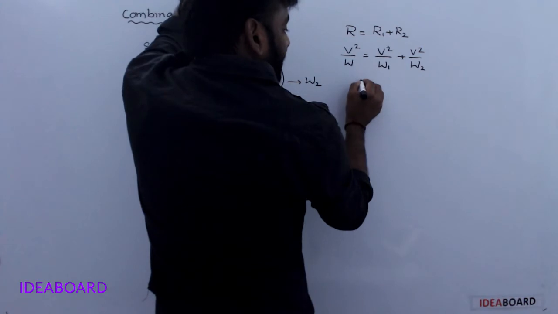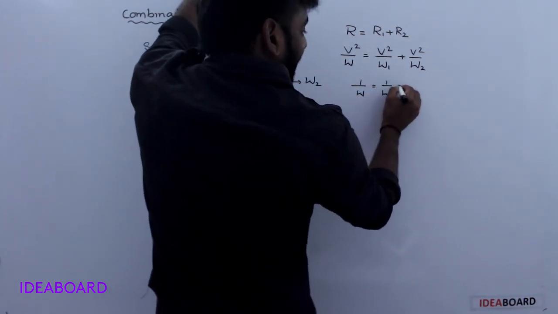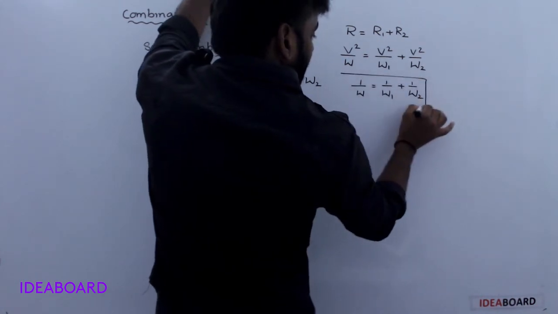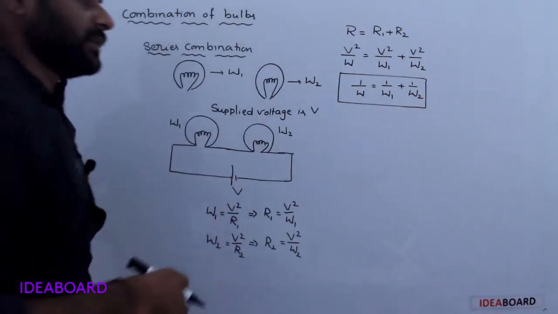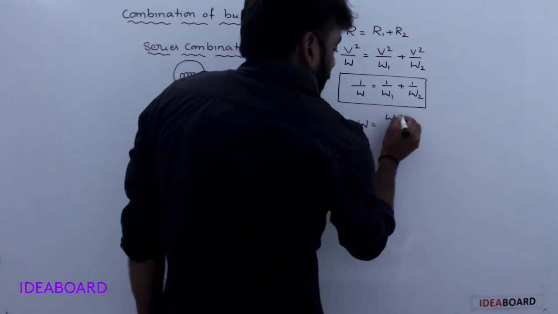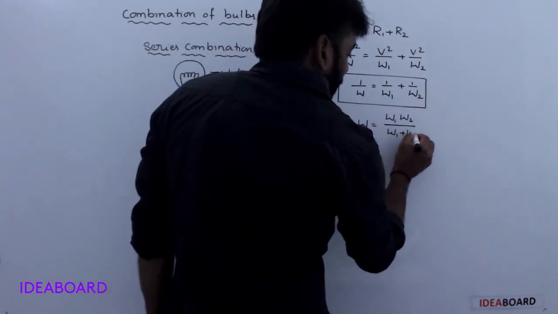On both sides V square is cancelled. 1 by W is equal to 1 by W1 plus 1 by W2. This one is total power. You write W is equal to W1 into W2 by W1 plus W2.